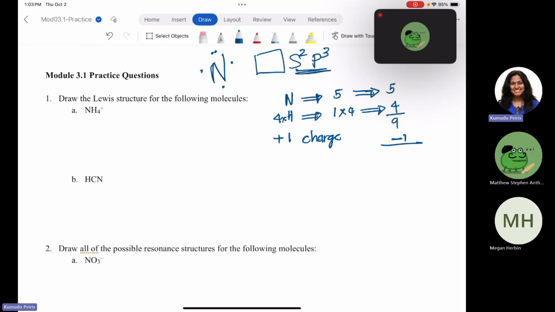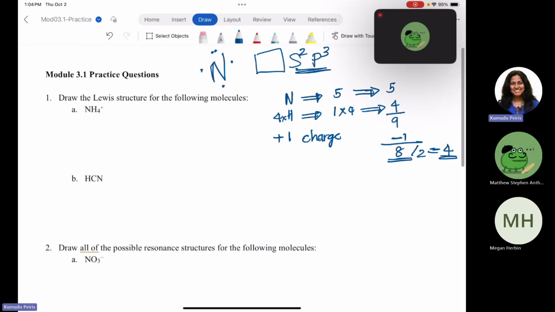So altogether, this has 8 electrons. I divide that by 2, and I should have 4 electron pairs.